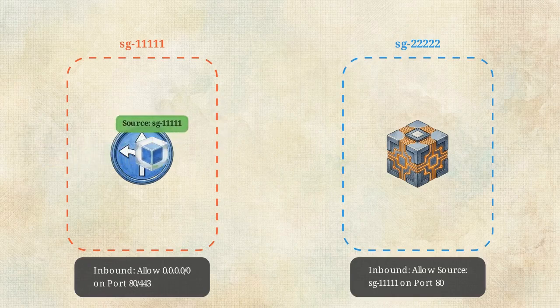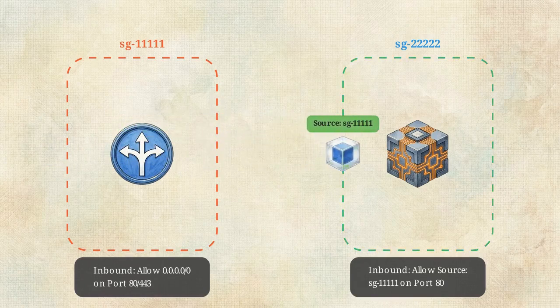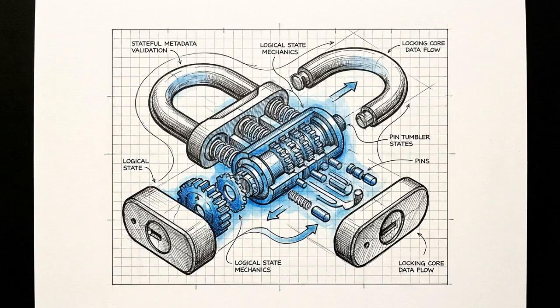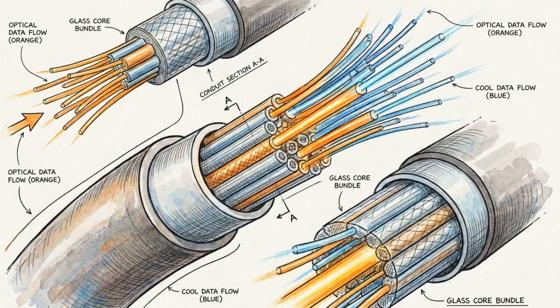Conversely, packets routed through the load balancer possess the correct association and pass through. By utilizing stateful origin metadata validation, we achieve backend isolation, ensuring all incoming traffic adheres to the centralized policies defined at the load balancer.